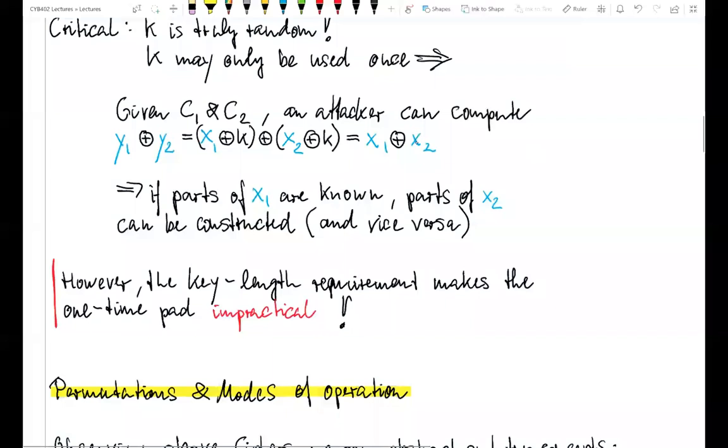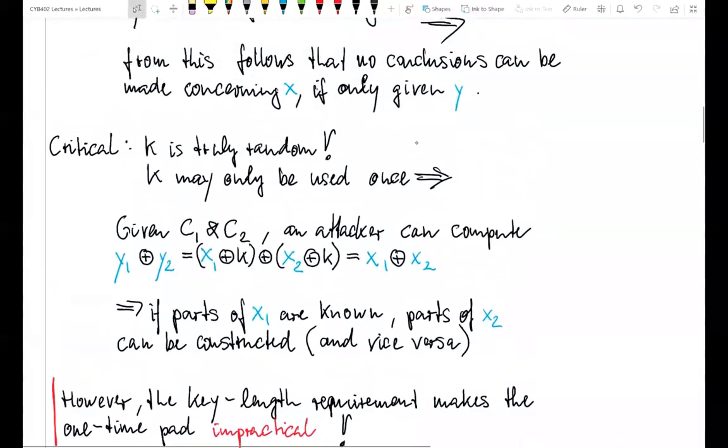And you may have heard about, in history, what happens if you break this protocol and think, okay, damn it, it's such a pain to generate a random key all the time. So you may run out of random keys and you decide to not take it as seriously and actually reuse a key.